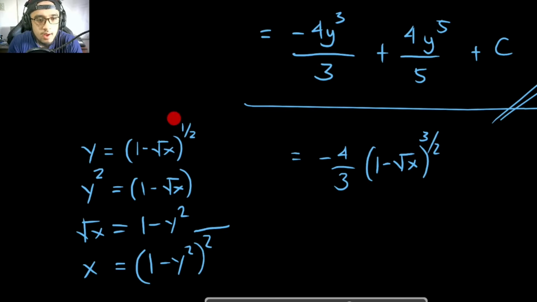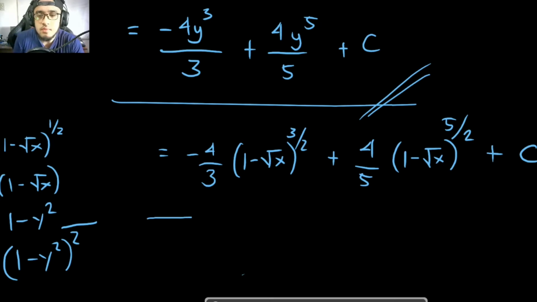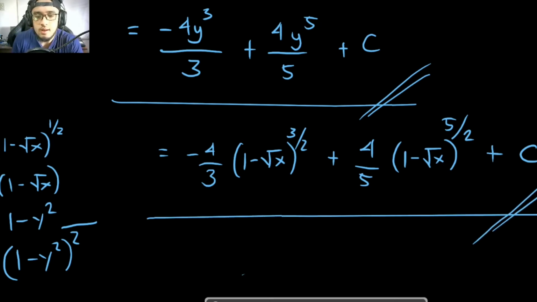Then plus 4 over 5 times y raised to 5, where y is again this one, so that is (1 minus square root of x) raised to 5 over 2. So plus c. Basically, guys, this is your final answer for the particular problem.